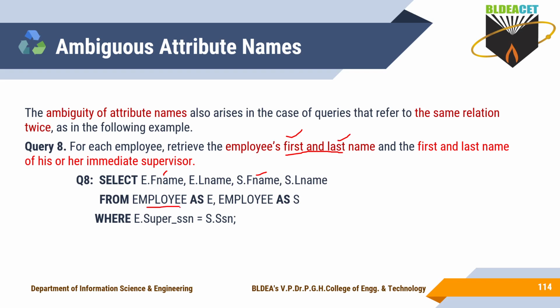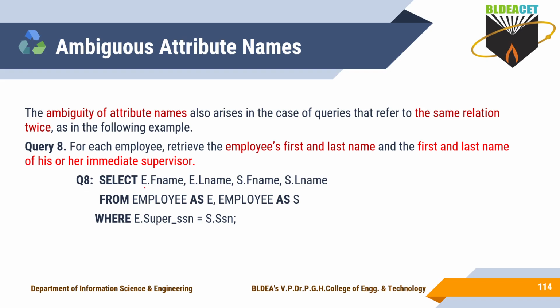Employee is the actual name, and I renamed it as E. For an alias you can use the keyword AS. The AS keyword is used to rename any table with a new name, or alias. For any table, if you want to create an alias, this is the procedure you have to follow: employee as E, employee as S here.